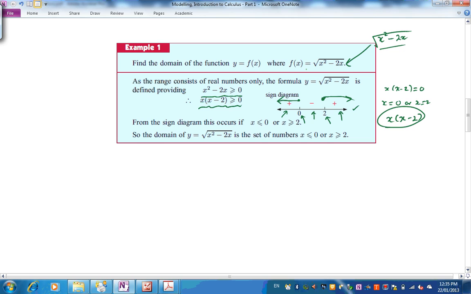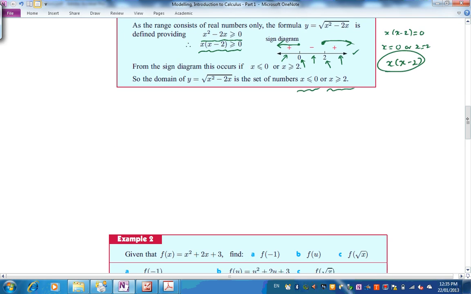You can find the square root of those values. So the domain, or the set of values that you can pump into this function, is the set of numbers x is less than or equal to 0, or x is greater than or equal to 2. So we're just getting our head around how these functions work, and just checking that we can use them sensibly in a practical situation later on.